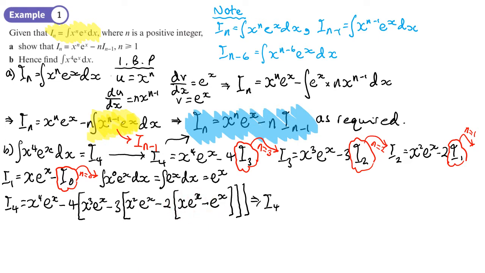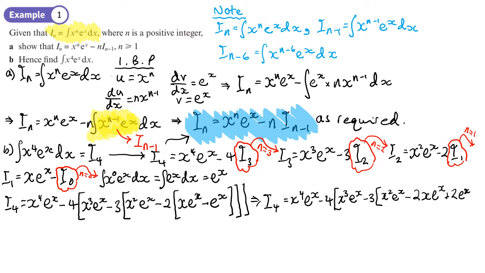So I sub 4 equals x to the 4 e to the x minus 4 times x cubed e to the x minus 3 x squared e to the x minus, and we'll expand these brackets, 2x, or minus 2 x e to the x plus 2 e to the x.